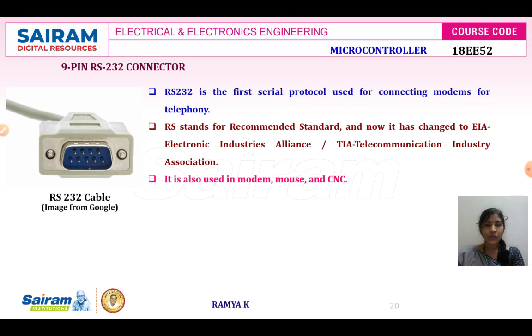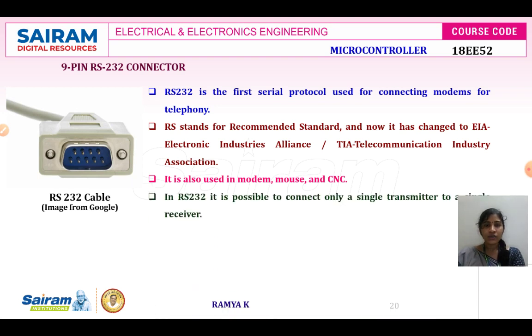Suppose if you want to interface a DC motor or stepper motor, or an LCD or 7-segment display with the computer programming, there also we will be using this RS-232 cable, where it acts like an interfacing cable between your computer and the peripheral device. But you can connect one RS-232 from a computer to one peripheral device. You cannot connect it to multiple peripheral devices.